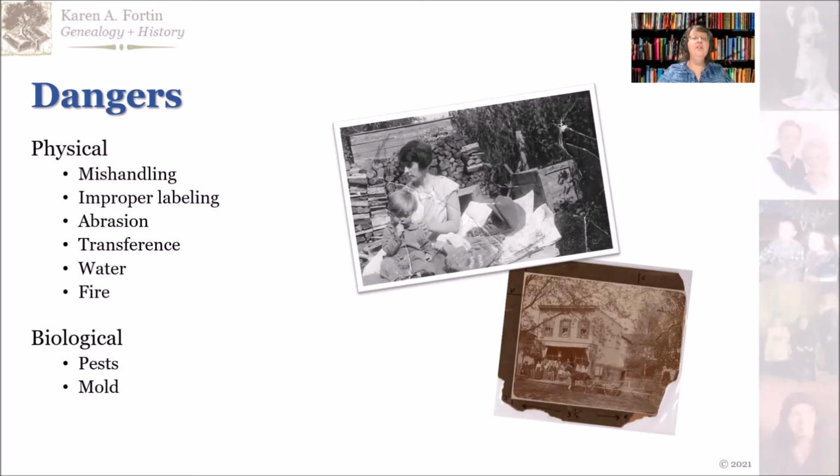First, we'll look at physical dangers, such as mishandling. As you can see from the examples that I show here, both of these photos have sustained damage over time due to mishandling.